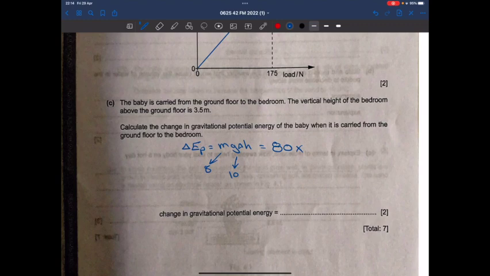It's 3.5 meters. They mention it here in the question, so it could be 3.5 meters, equal to 280, and the measuring unit, this is just an energy, so it could be in joules. So 280 joules. That was the second question. Up to this moment, we have no difficult questions in this paper.